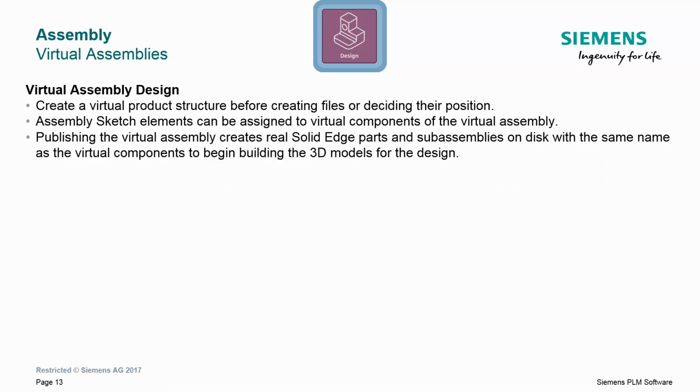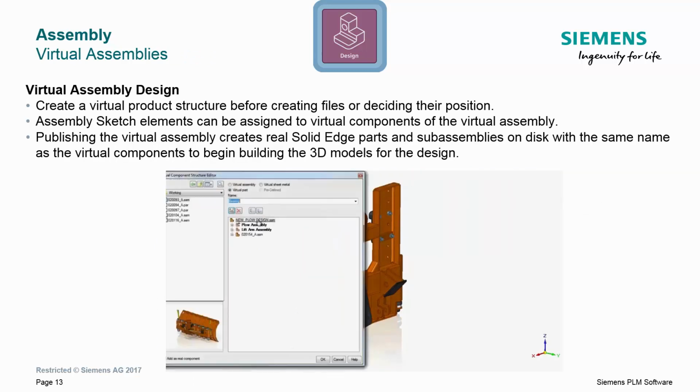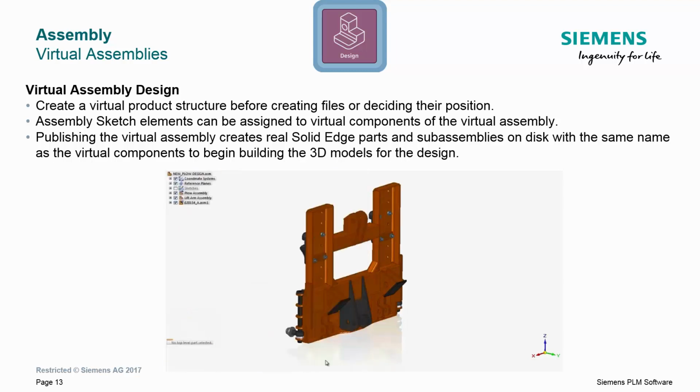Not all design concepts have to be originated solely in 3D. Solid Edge provides the flexibility to create a virtual product structure before creating files or deciding their position. Start by building your virtual assembly using common part representations.